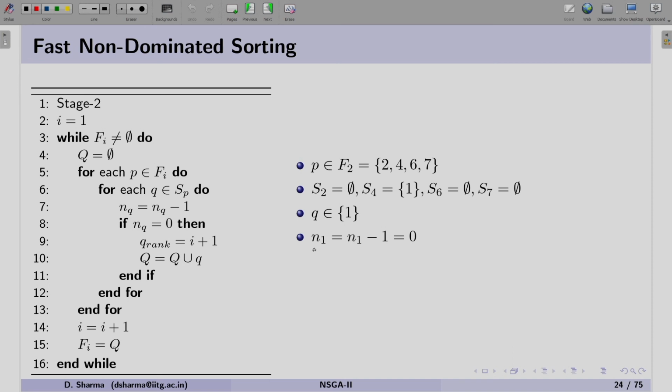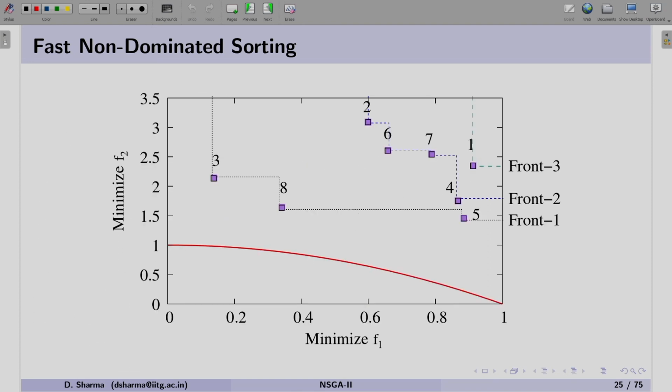There we will be using N1 equal to N1 minus 1, which is 0, and as per steps number 8 and 9, this particular solution will be copied into front 3 and the rank of the solution is 3 now.